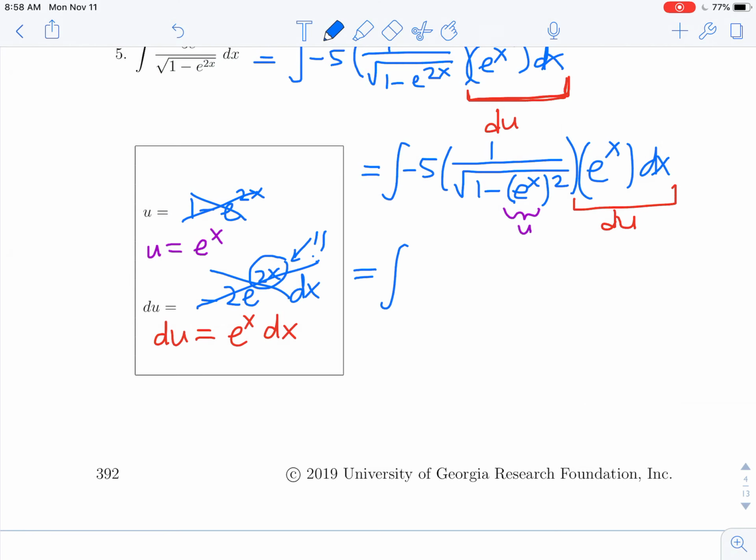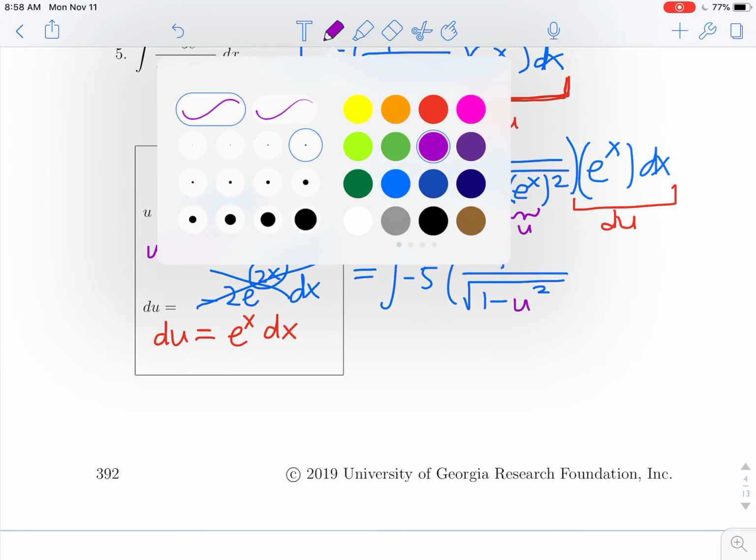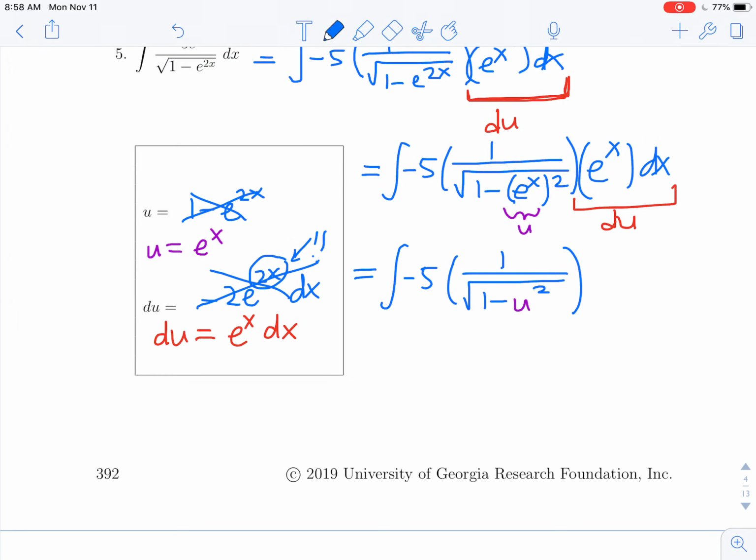So this is the indefinite integral of negative 5 times 1 over square root of 1 minus u squared, and then du. Again, much less complicated indefinite integral.